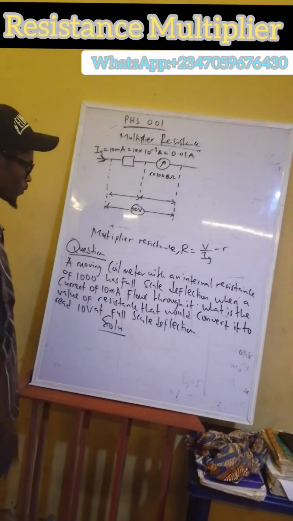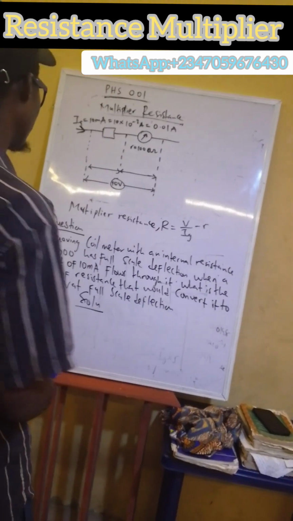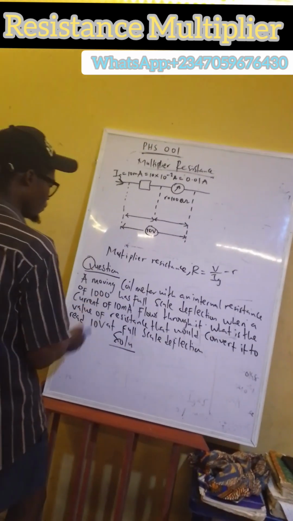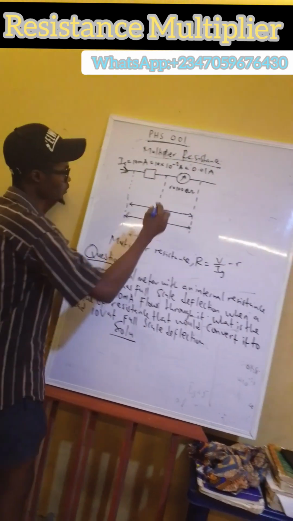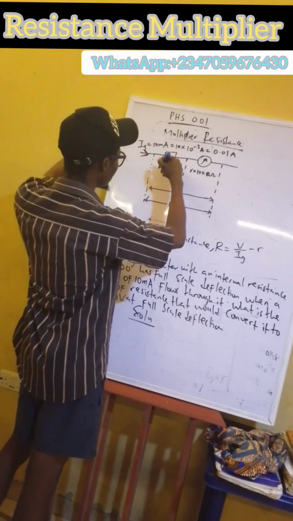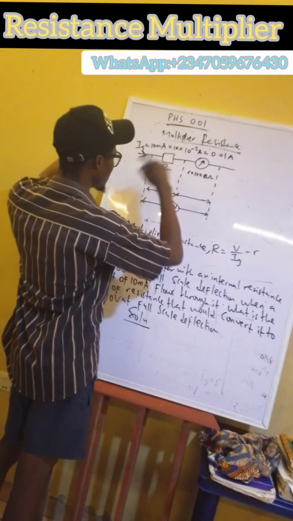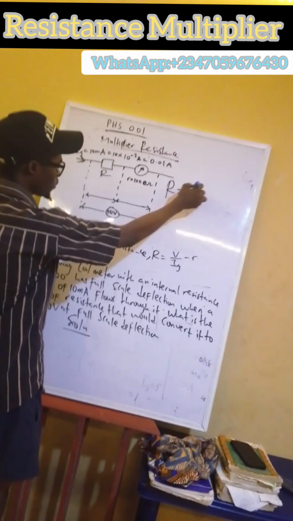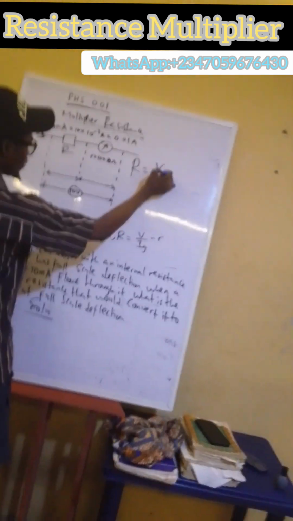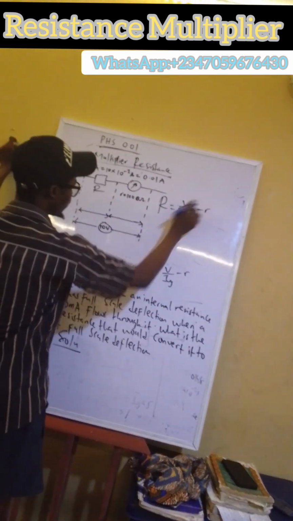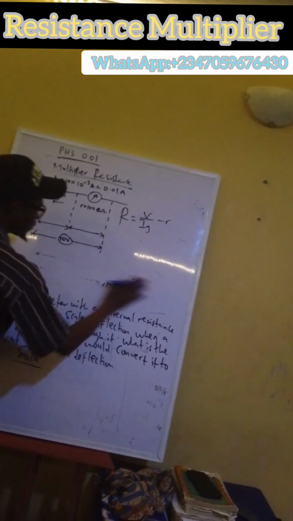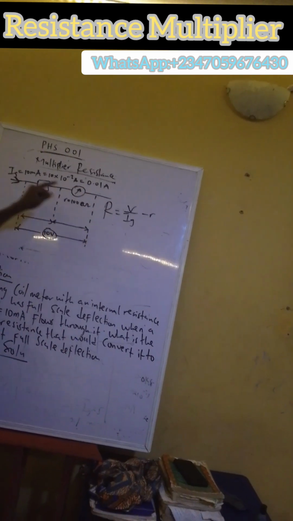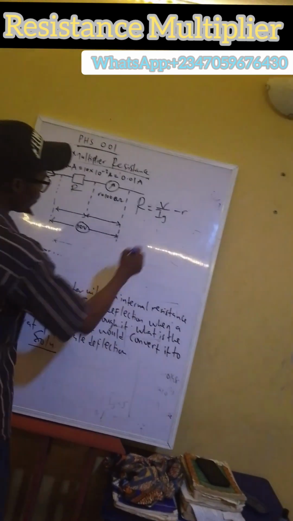What else are we looking for? We are looking for the multiplier resistance, the big R. Remember that R is equal to V over the galvanometer current minus r.